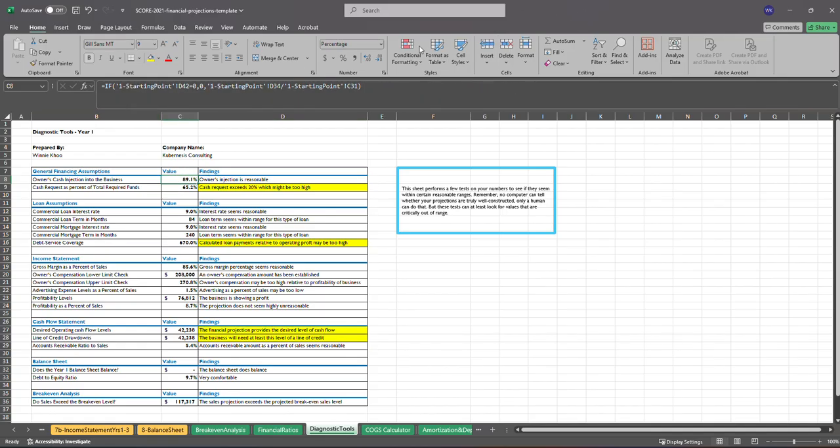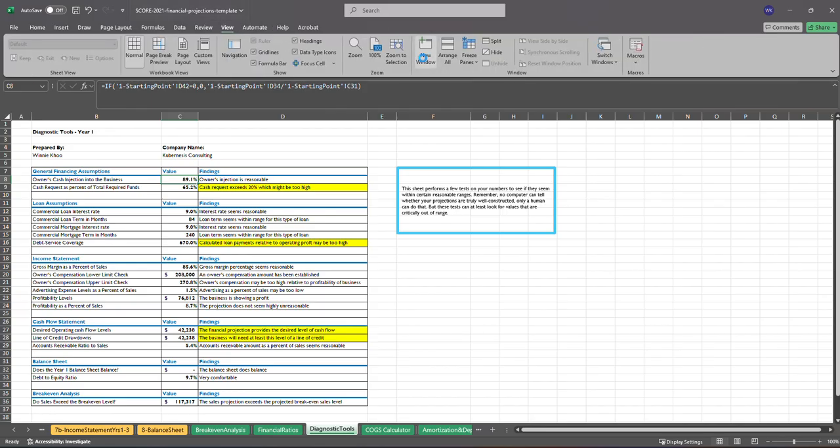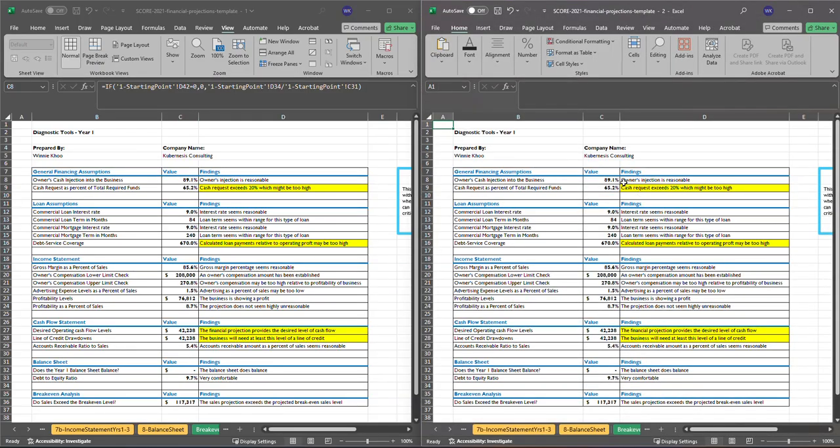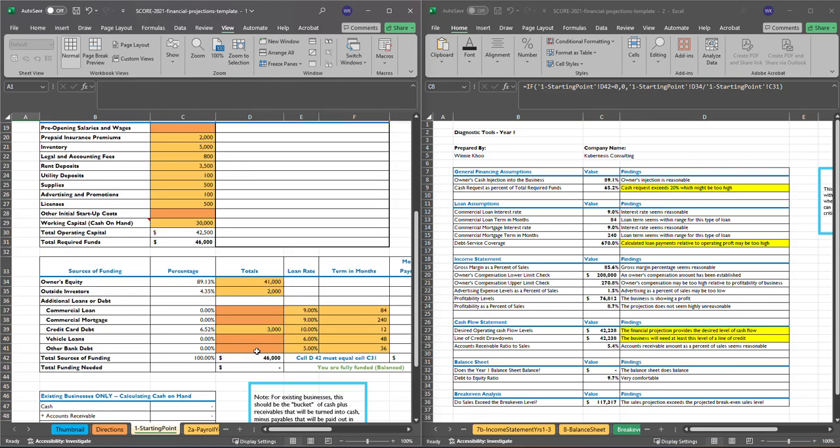I'll split the screen just to show how the template is calculating this. So for me, I'm at practically 90%. The general financing assumptions both come from the starting point. So this starting point here shows your total funding, what you're going to be using kicking off the business.